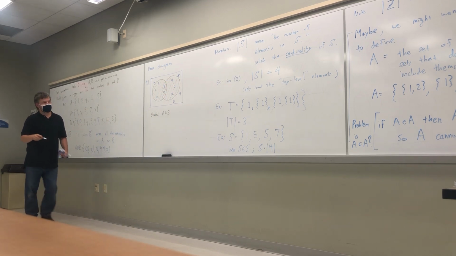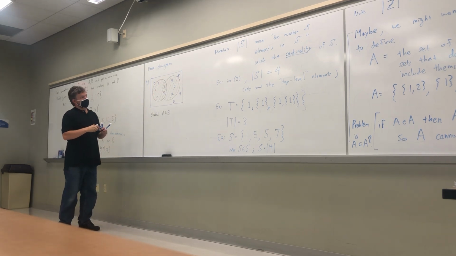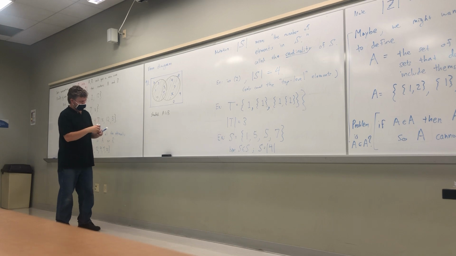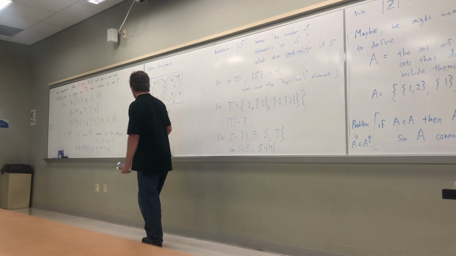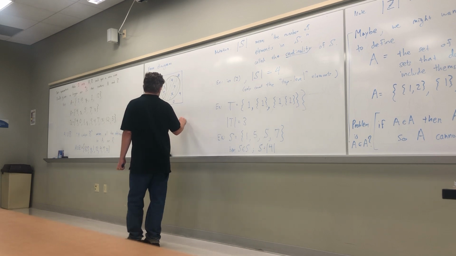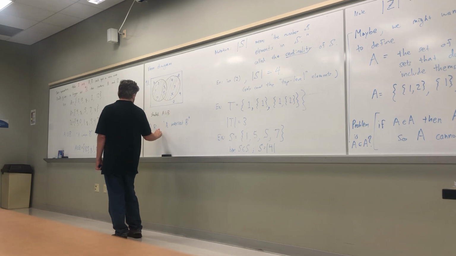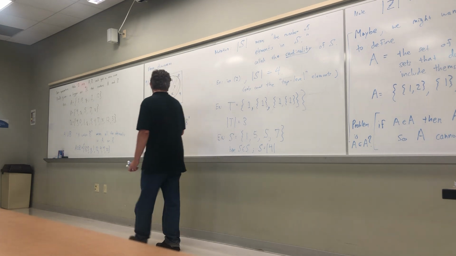And then the intersection would be just the portion where they overlap. So they intersect. For that, you just draw an upside down union. The wording of it is A intersect B. And it means just the elements that are in common, that are in both.